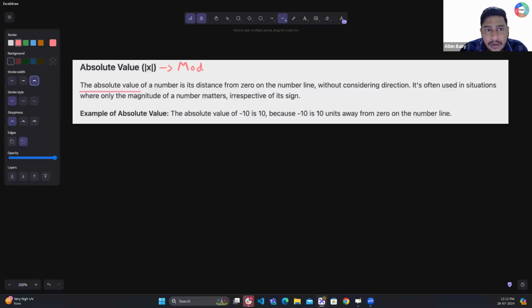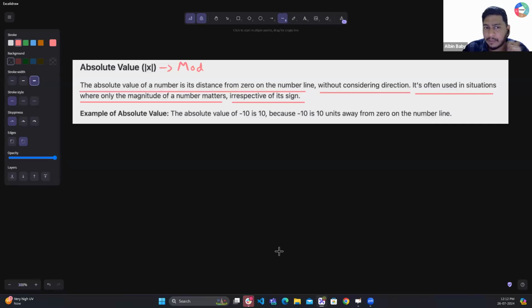The absolute value of a number is its distance from 0 on the number line without considering the direction. It's often used in situations where only the magnitude of the number matters, irrespective of its sign.